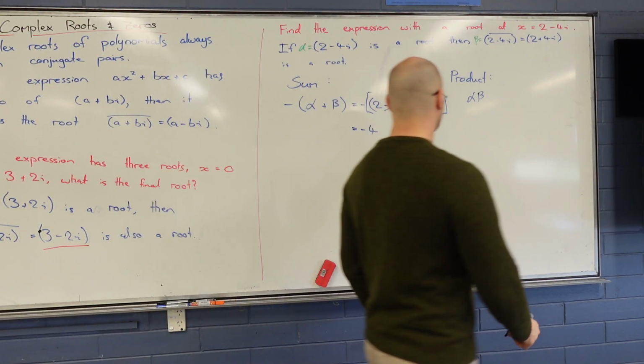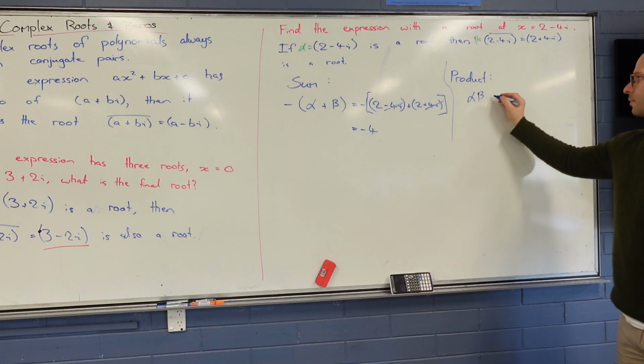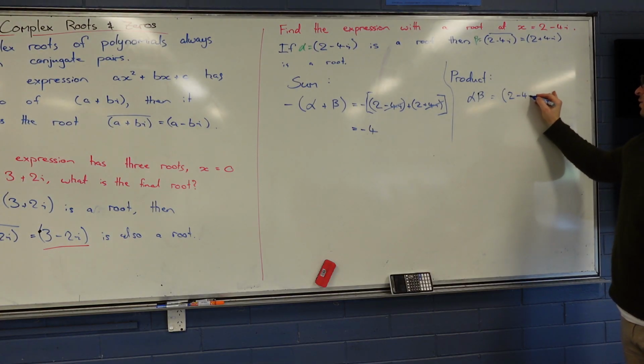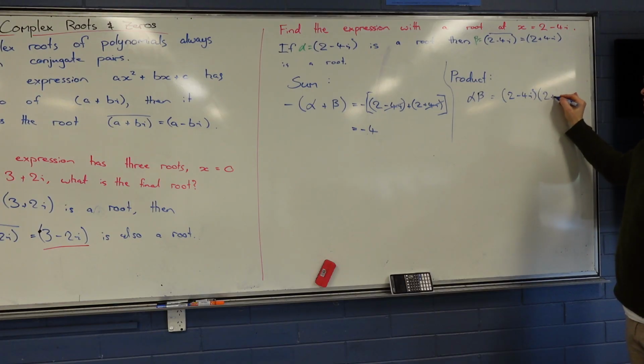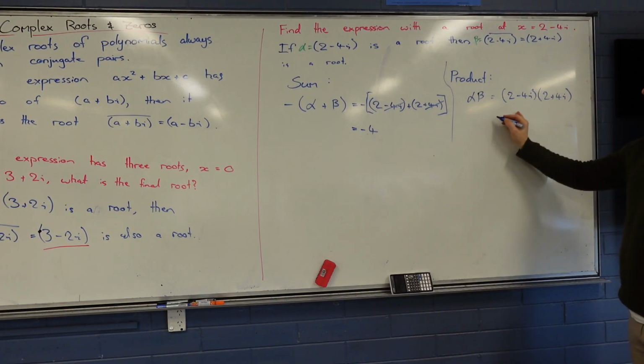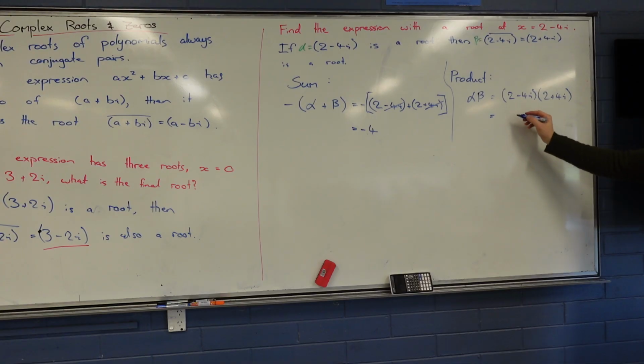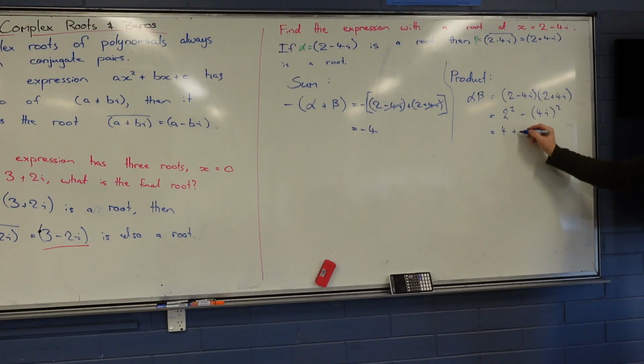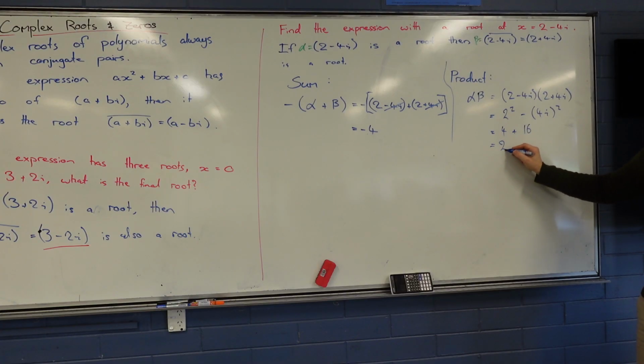For your product, that is going to be a difference of two squares situation. You're going to get 2 squared take 4i squared. That's 4. This turns into a plus because of the i in there. This turns into 16, so you get 20.